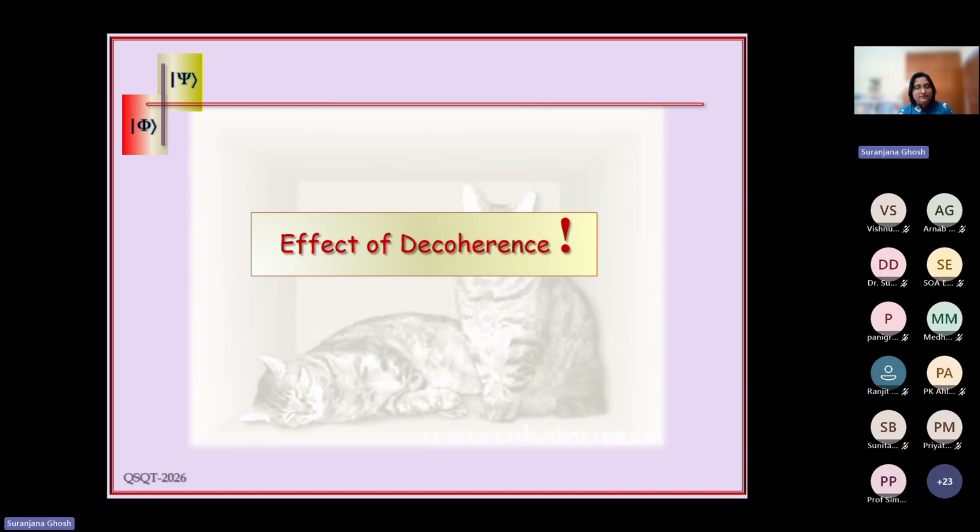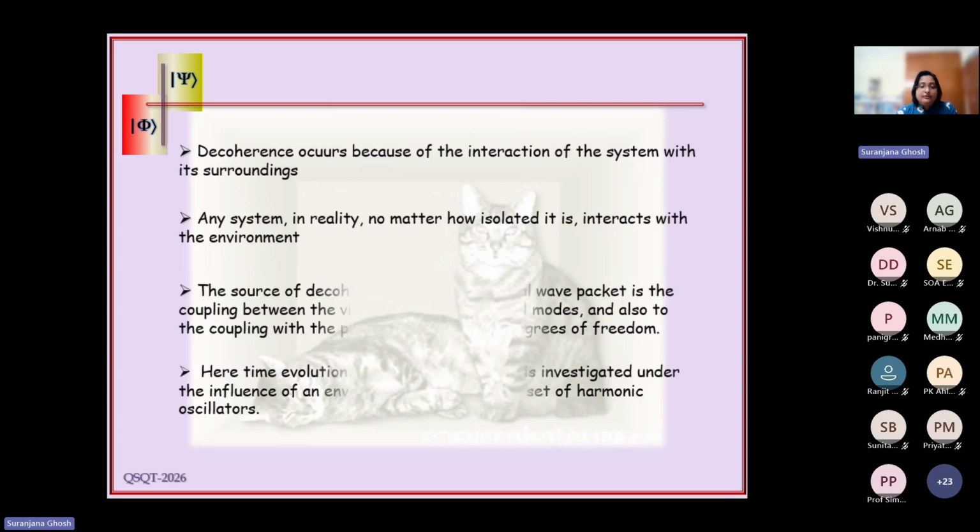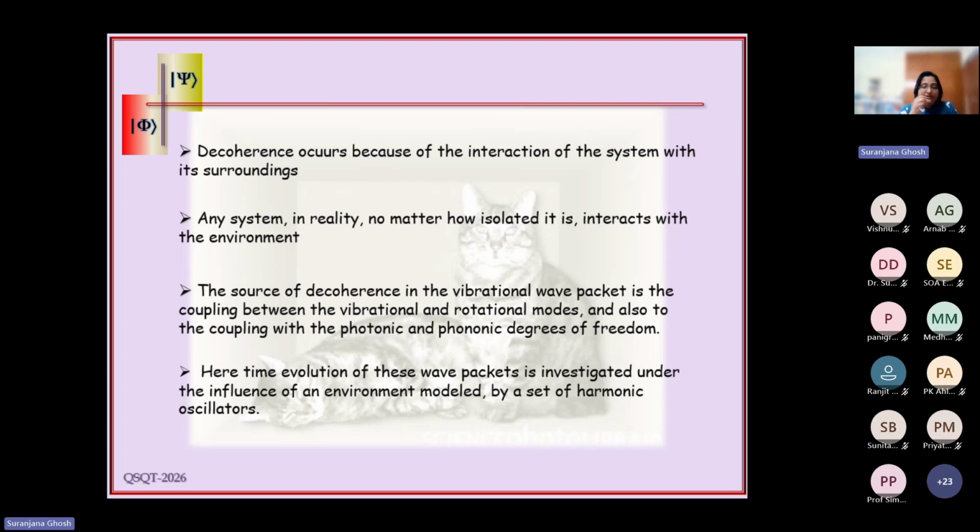Now the question is, so far what we did is for a completely isolated system. But what will happen when there is decoherence? Decoherence always tries to destroy the quantum properties, right? And it's very difficult to isolate the quantum system. So here, for a vibrating molecule, there can be different kinds of sources.